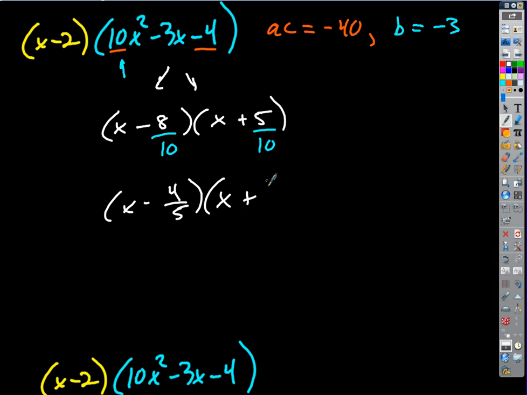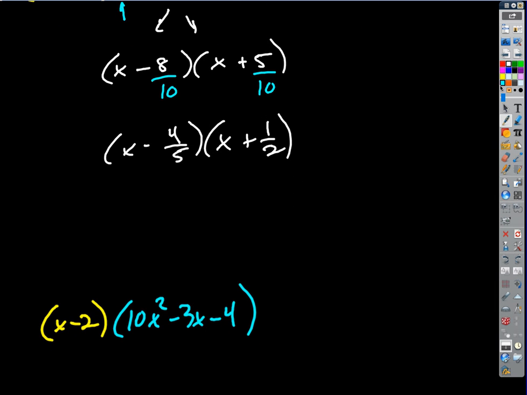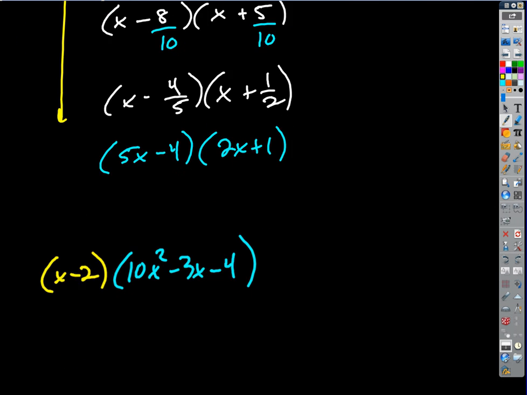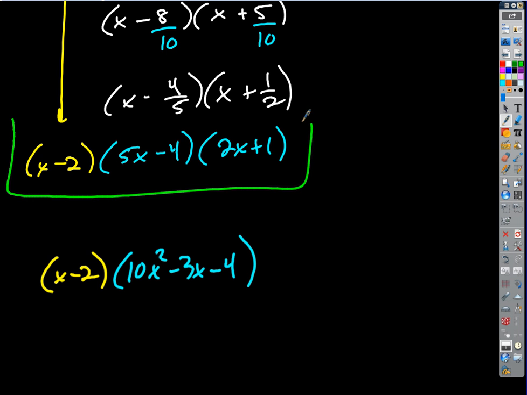Five tenths reduces to 1/2, and so what do we end up getting out of this? x minus 4/5 and x plus 1/2, which is 5x minus 4 and 2x plus 1. Okay, so there's our answer, right? Using bottoms up.